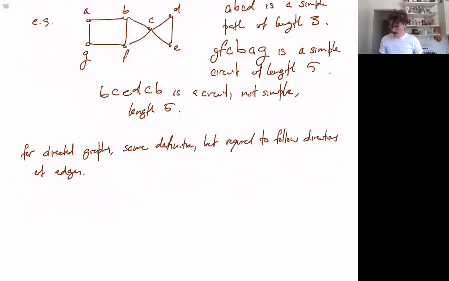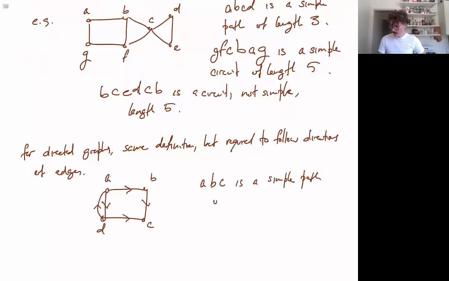So if we have some directed graph like this, call this A, B, C, D. Then, for example, ABC is a simple path of length 2. And it's a valid path because it goes from A to B in the direction of the edge, and from B to C in the direction of the edge.